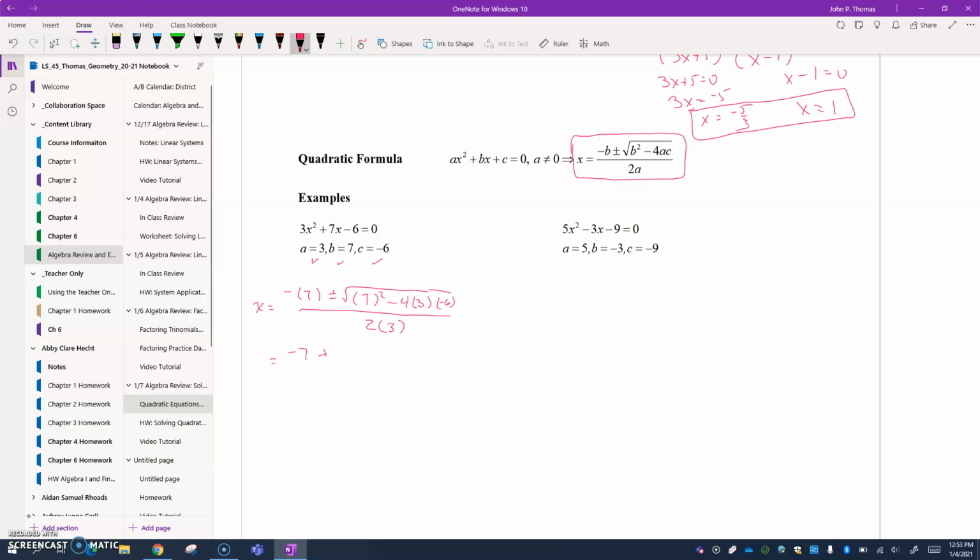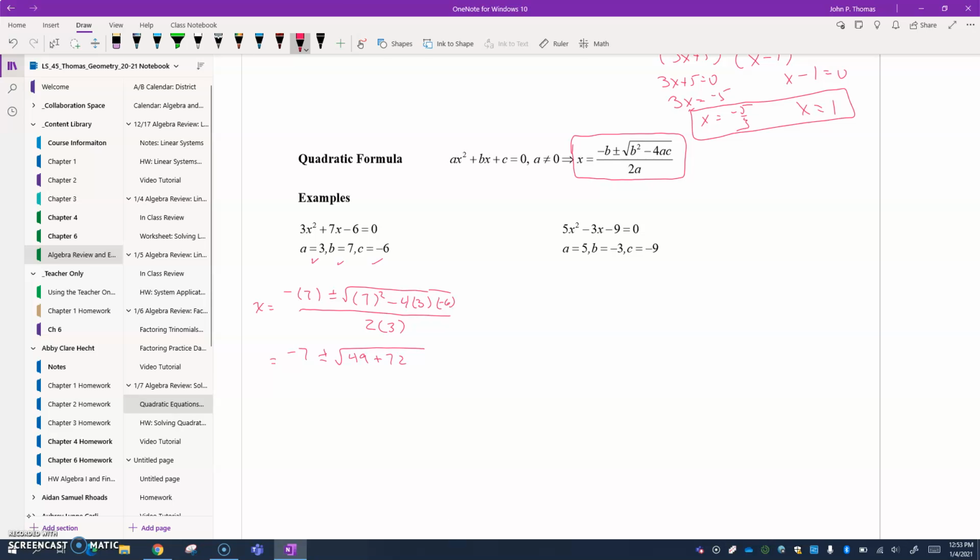So I have negative 7 plus or minus square root. 7 squared is 49. And then I have minus times a minus, that's going to be a plus. And this would be 4 times 3, which is 12, times 6, which would be 72.